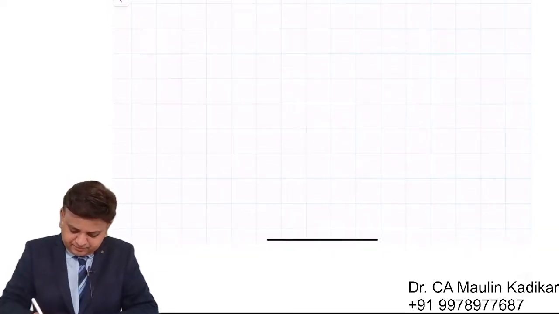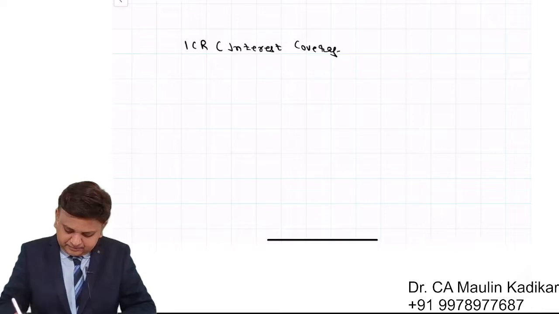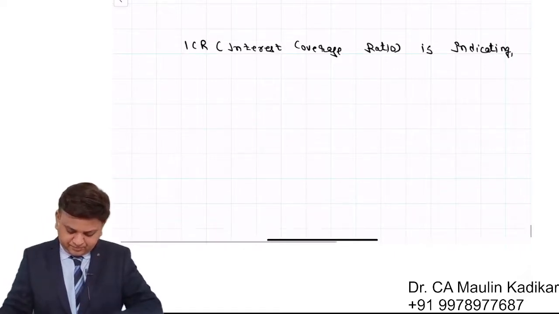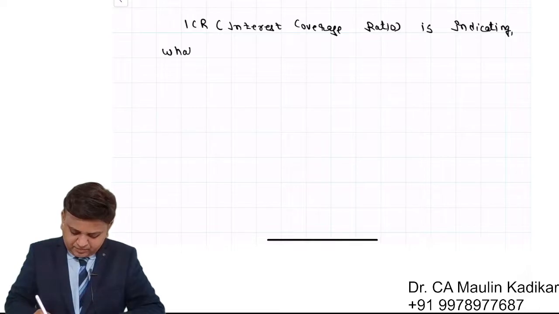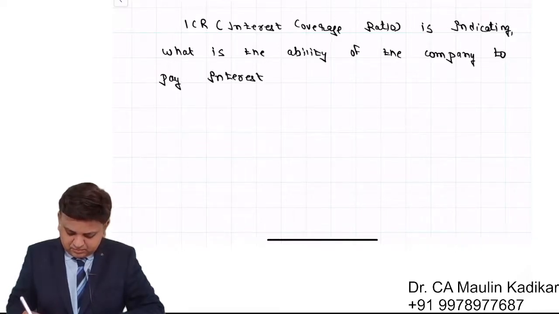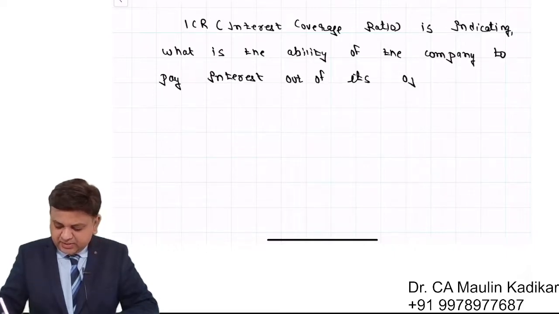Write down answer. ICR, in bracket write down interest coverage ratio, is indicating what is the ability of the company to pay interest out of its operating income.